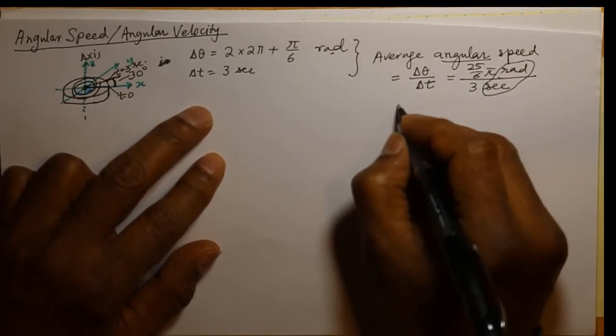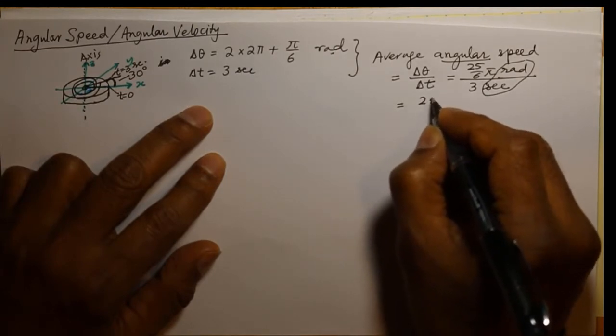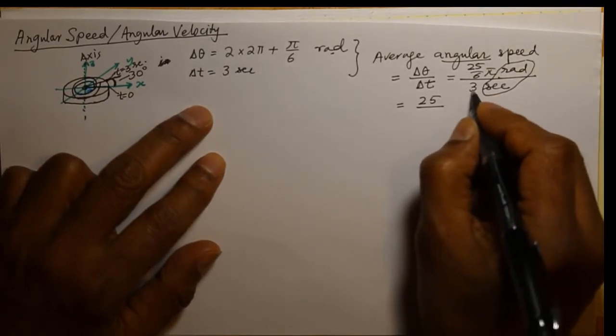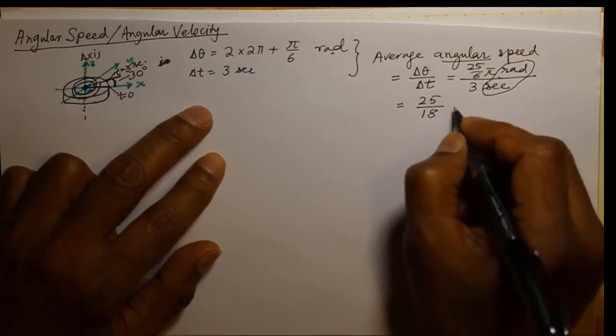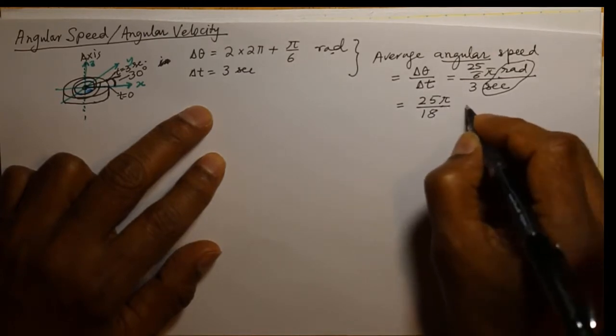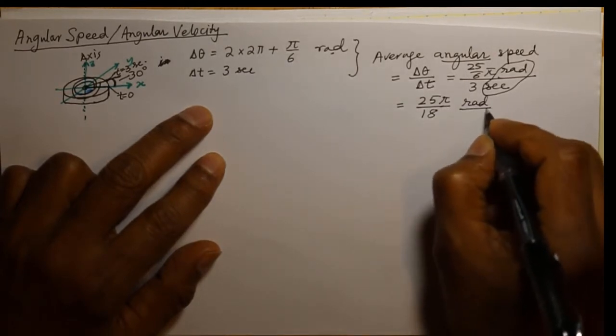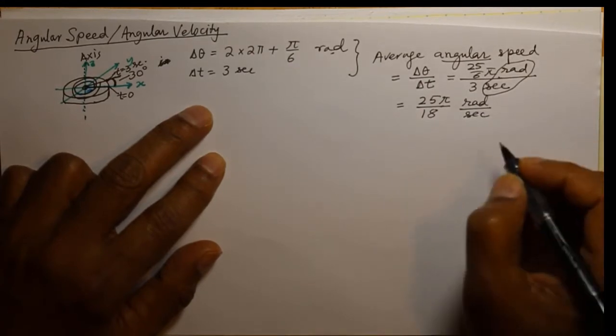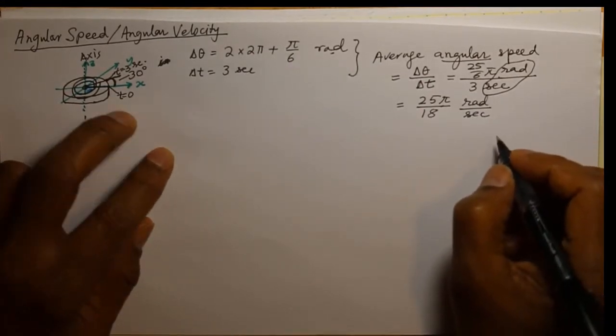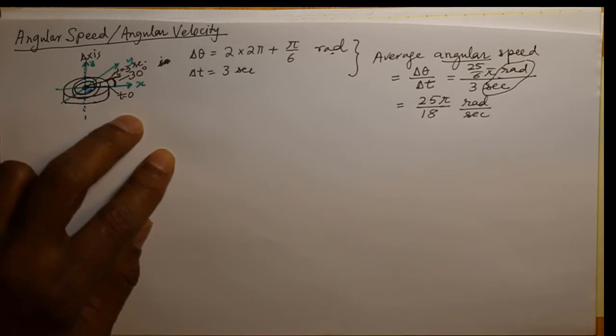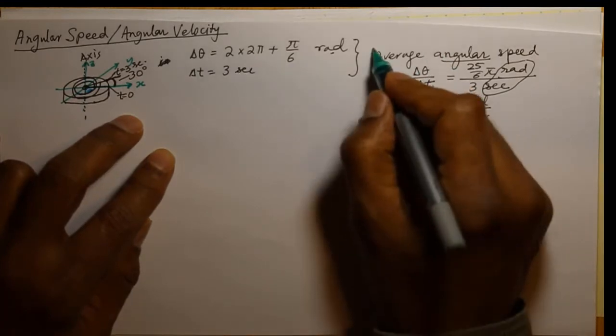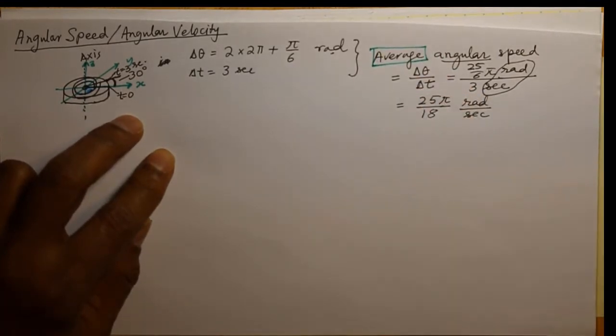I'll just leave it as a ratio here. I'm not going to complete the whole calculation. So this will be radian per second, or rad per second. And you should note that we're looking at average angular speed.